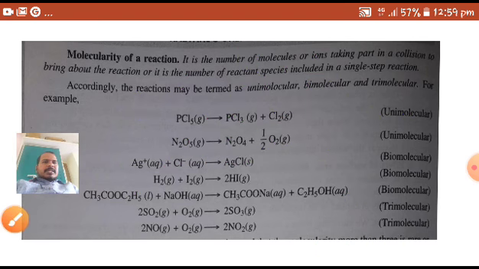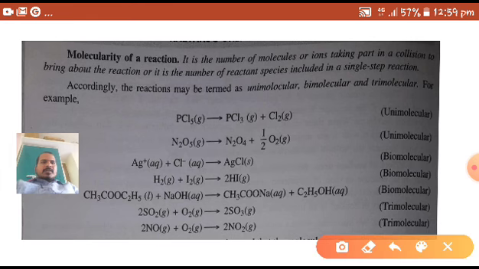So it is the number of molecules or ions taking part in collision to bring about the reaction, or the number of reactant species included in a single step reaction. Accordingly, reactions may be termed unimolecular, bimolecular, trimolecular. For example, this is a single step reaction, so it is a unimolecular reaction, and this is also unimolecular.